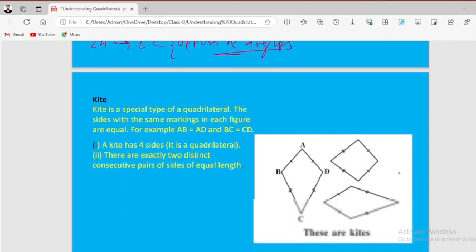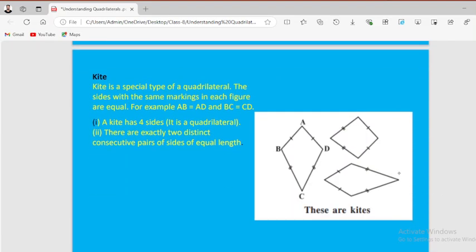And now let us talk about the kite. A kite is a special type of quadrilateral. The sides with the same marking in each figure are equal. For example, AB is equal to AD. This side is equal to this.